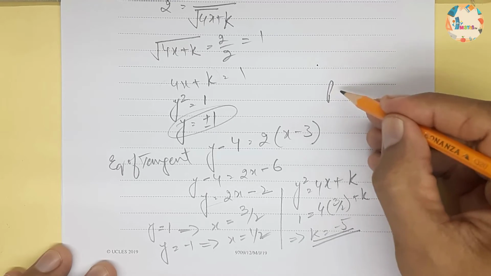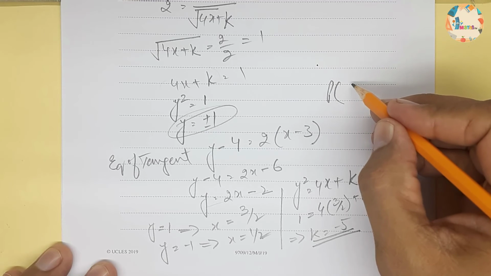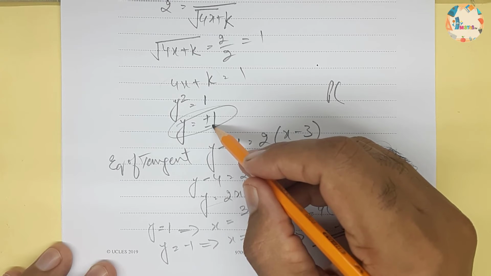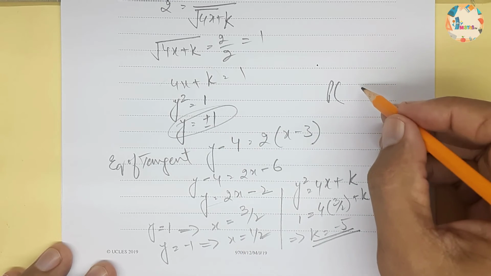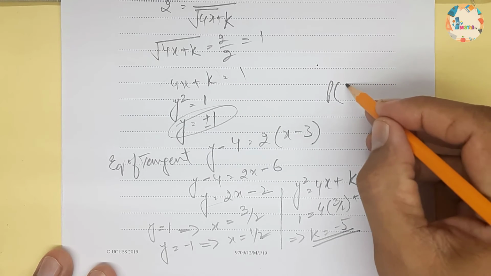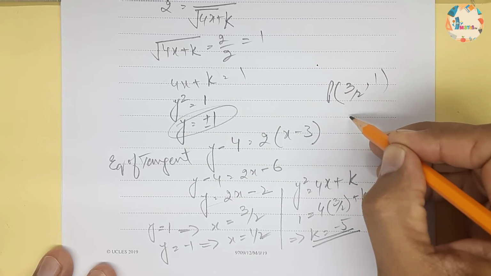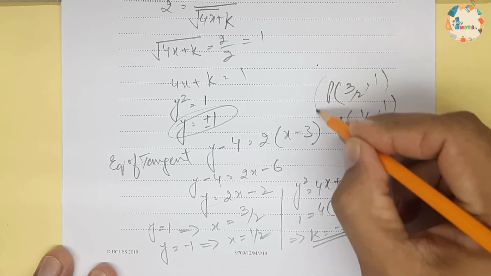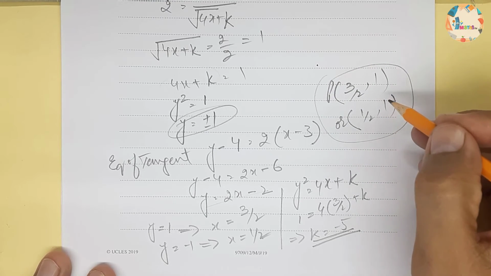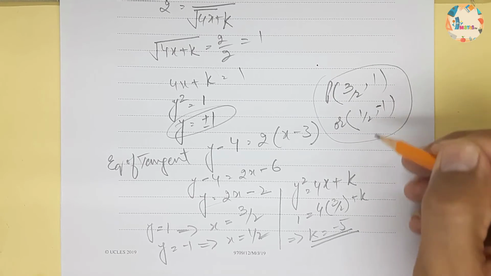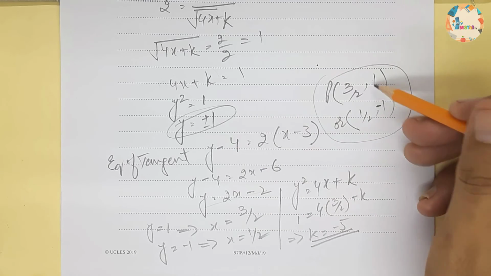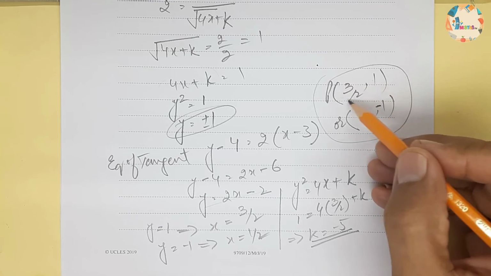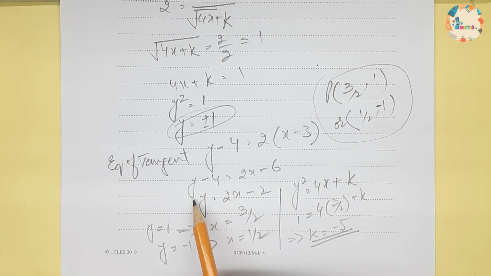And for the point P, we can take the 1 value and minus 1 value for y, and if we replace 1 and minus 1, we will get 3/2 for x, and the other value we will get 1/2 for x. These two values we will be getting for P. We are taking plus minus values, plus for this one and minus for this one. Basically we got these values by putting them in this equation.